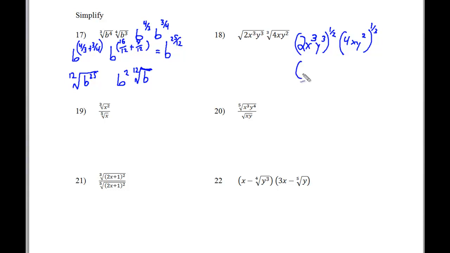So I'm going to rewrite this problem as 2x cubed y cubed, but instead of 1/2, I'm going to write it as 3/6. And this 4xy squared, I'm going to rewrite that as, instead of 1/3, 2/6.